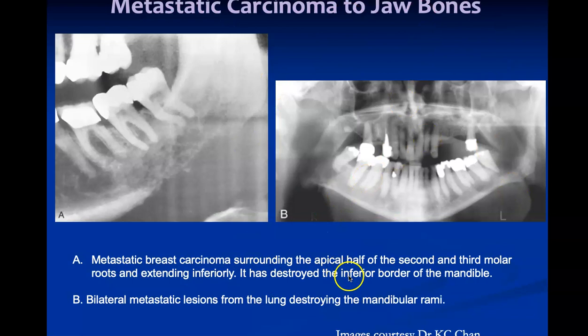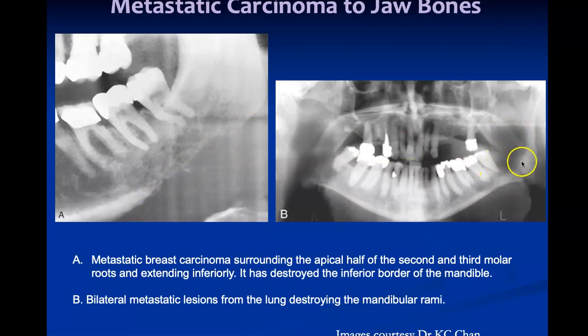And so these last few pictures, I received the images from Dr. Chan, who was previously here as a radiologist. It's showing you those classic features that we've talked about all along. The ill-defined, moth-eaten radiolucencies where it looks like little areas are taken out around the edges of the lesion. And here you can see the loss of the cortex on the inferior aspect of the mandible.